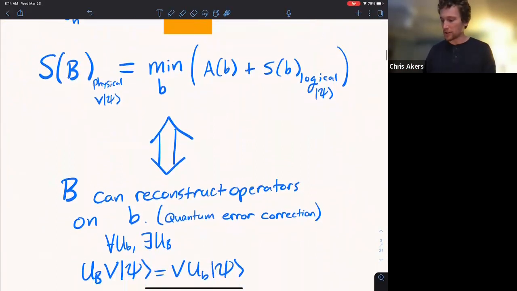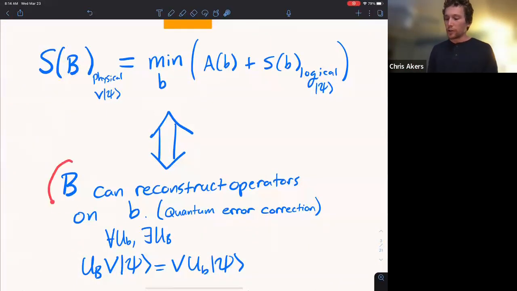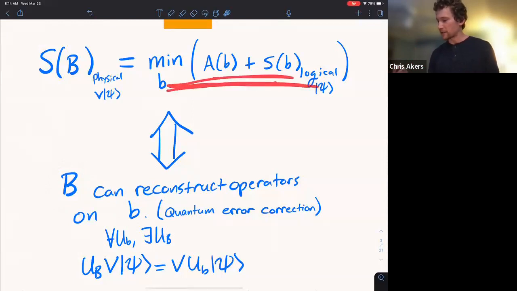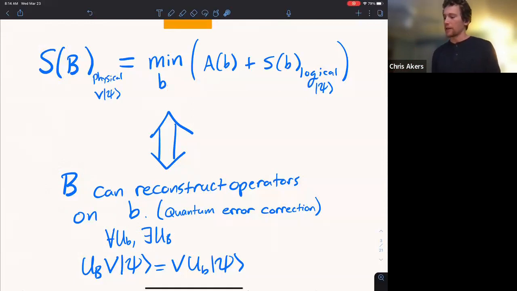It's equivalent to the statement that using just B, so acting operators just on capital B, you can reconstruct operators that act on little b. The way I've written it is confusing, but whatever little b up here minimizes the right-hand side, that little b shows up here, and capital B can reconstruct operators that act on that little b.